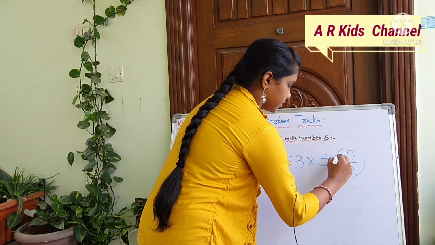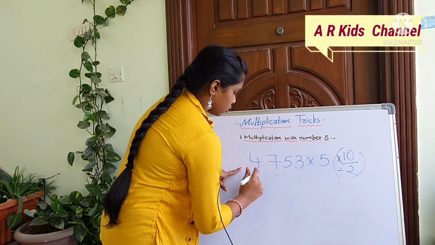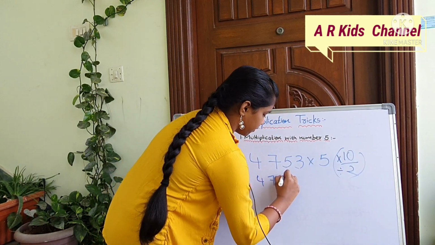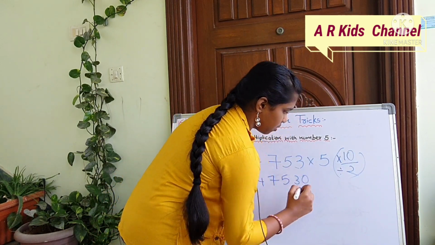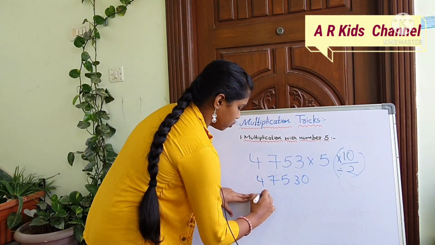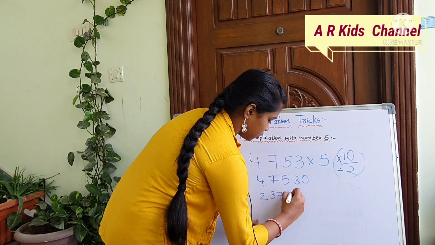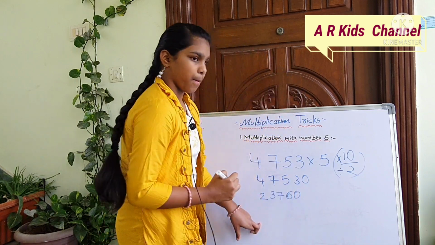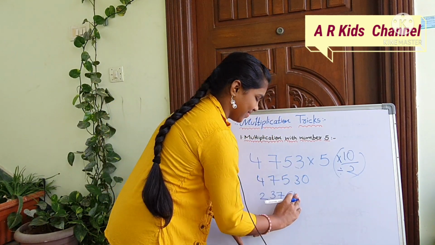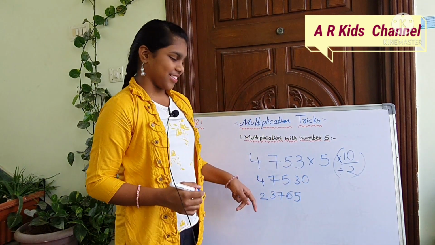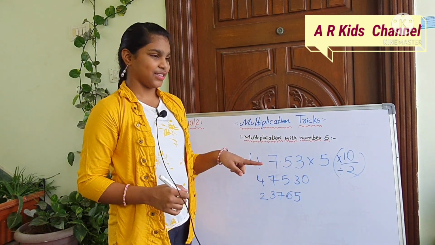So let's first multiply, then divide. So the answer will be 47,530 divided by 2. 2 twos 4, 2 threes 6, 2 sevens 14, 2 sixes 12, and 0, 5. And the answer is 23,765.